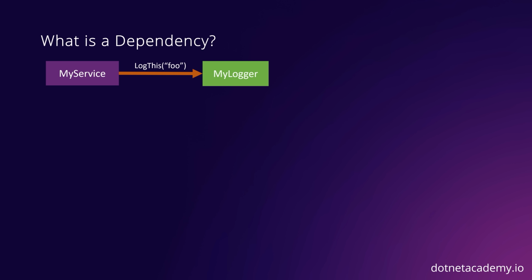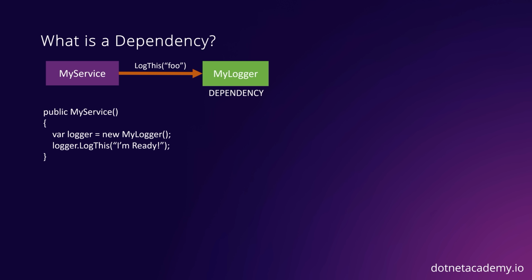Since myService uses some of the functionalities of myLogger, like the logThis method, we say that myLogger is a dependency of myService. Now, in order for myService to start using myLogger, it creates an instance of myLogger in its constructor. And after that, it can start calling the logThis method.